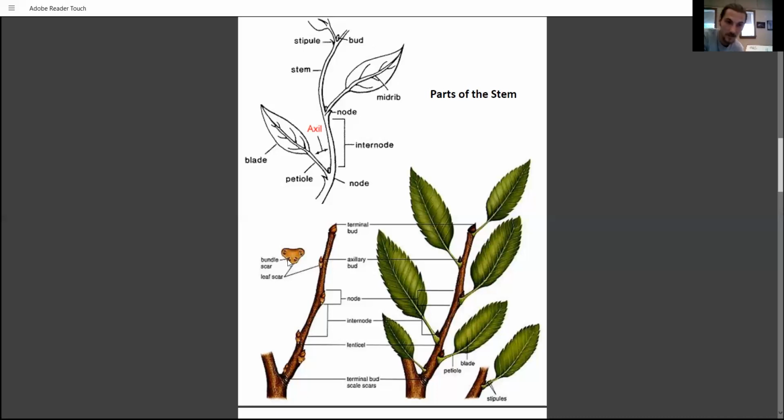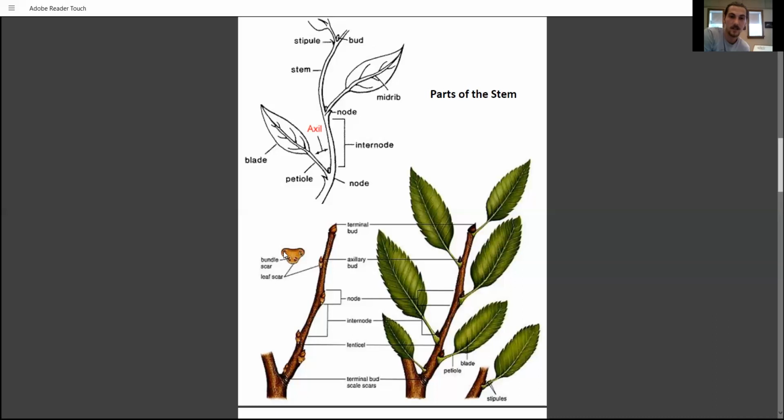You'll also see there's these little dots in here. Those dots are actually the specialized tissues, the tubes, shall we say, that are moving material from that leaf through that petiole stem down into the larger stem or branch. And again, depending on the species of plant, there can be different arrangements and different numbers of these bundle scars, as they're known.